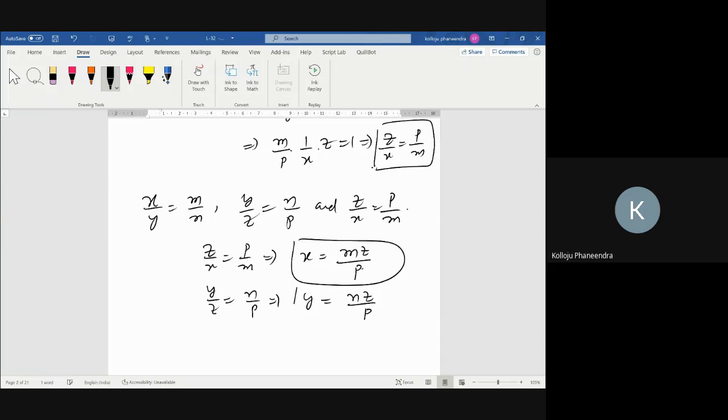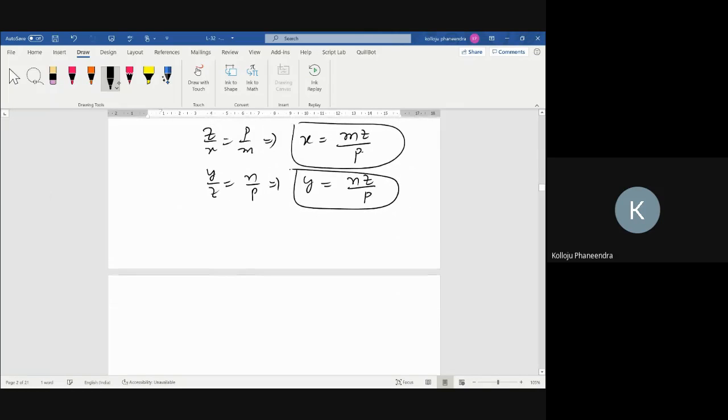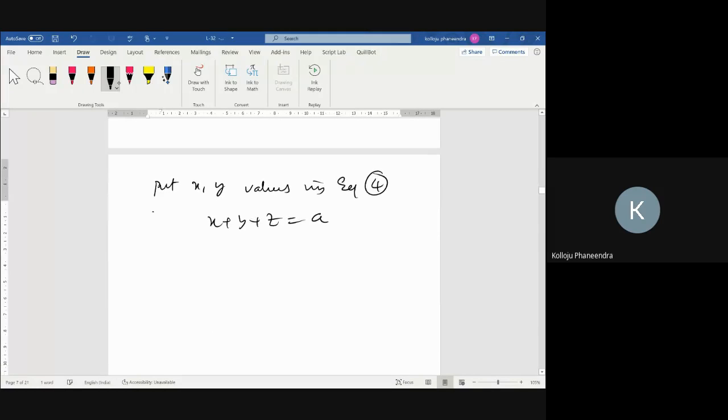X value, y value in terms of z, right? Put x, y values in equation 4. What is that 4? x plus y plus z equal to a, the fourth equation.